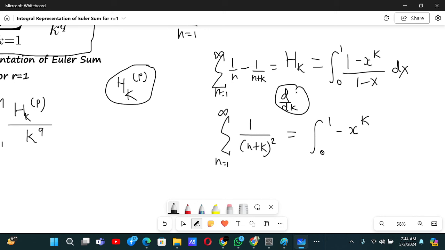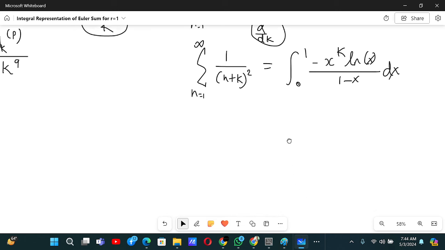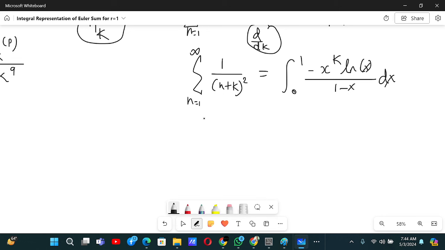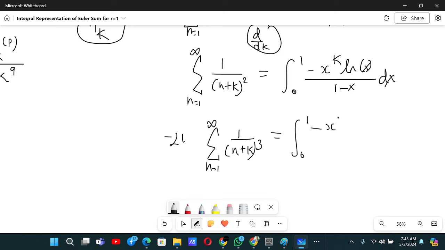Similarly, if I differentiate one more time, here we will have minus 2 factorial times the sum from n equals 1 to infinity of 1 by (n plus k) to the power 3. This is the integral from 0 to 1, again minus x to the power k times (ln x) whole squared, because we are differentiating with respect to k, by 1 minus x dx.